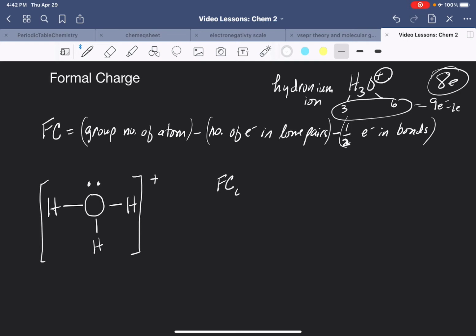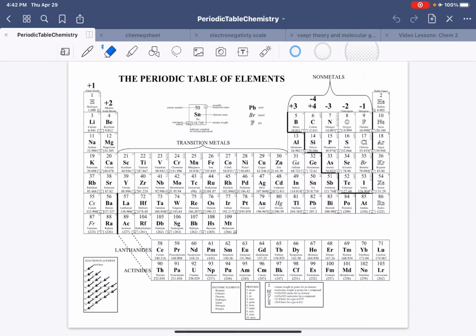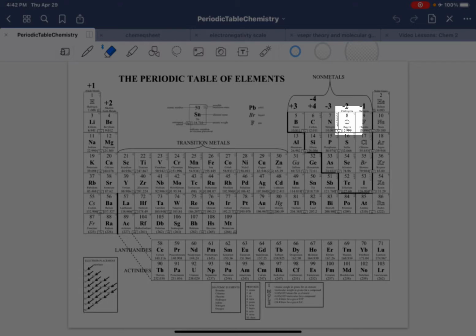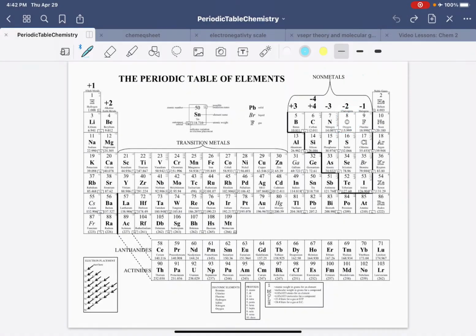So the formal charge on the oxygen, which we write as a subscript, equals the group number of the atom. We know that oxygen is in group 6. If you can't remember that, go to the periodic table and count over 1, 2, 3, 4, 5, 6, and that gets us to oxygen.